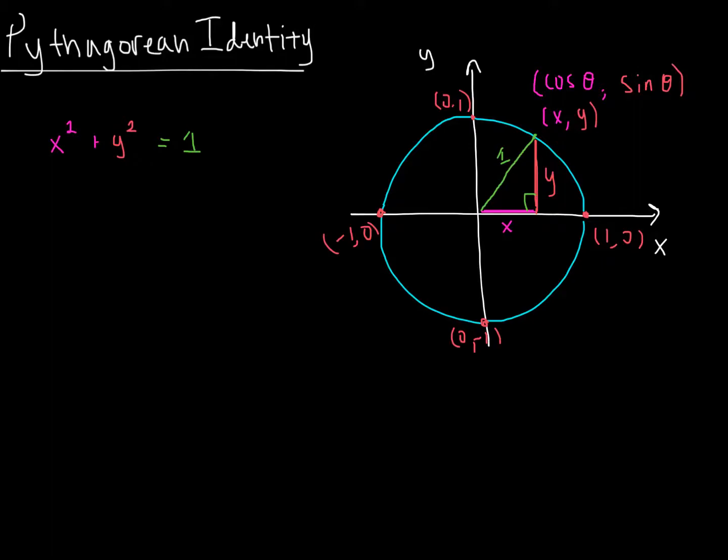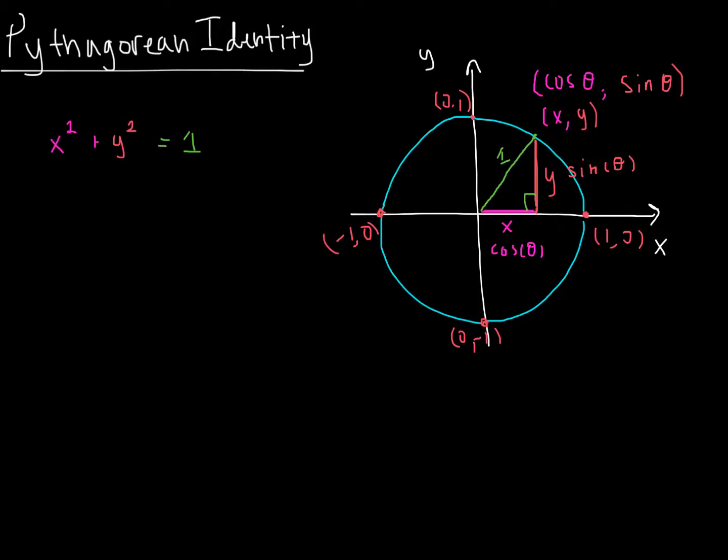So this x distance is simply the cosine of theta, and the y distance is the sine of theta.